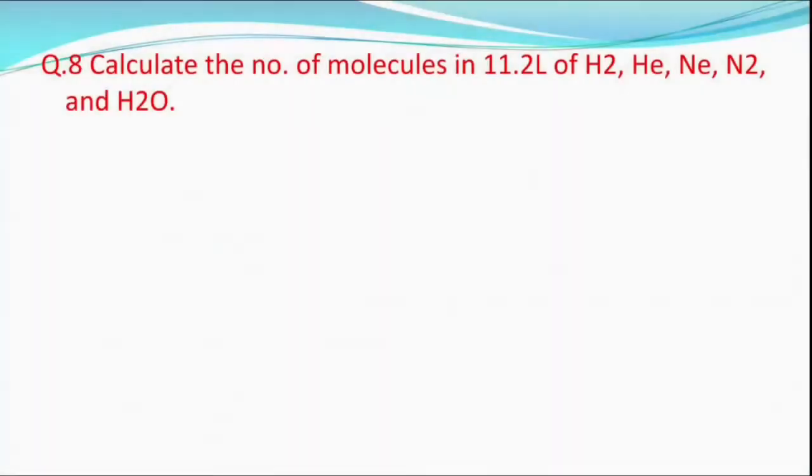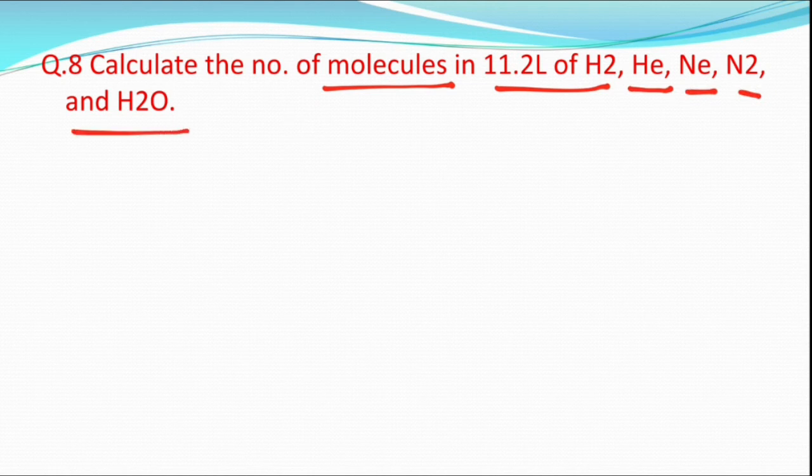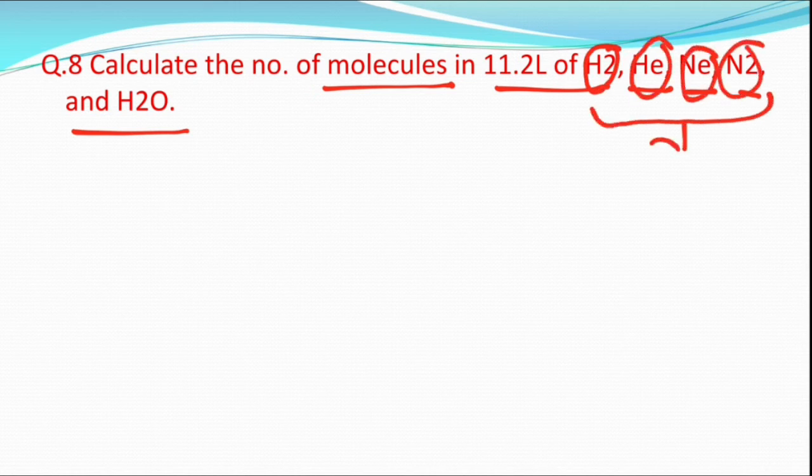Let's see question number 8. Calculate the number of molecules in 11.2 liter of H2, helium, neon, N2 and H2O. Now see, the H2, helium, neon and N2, all these four are gases, but water is not a gas, it is liquid.